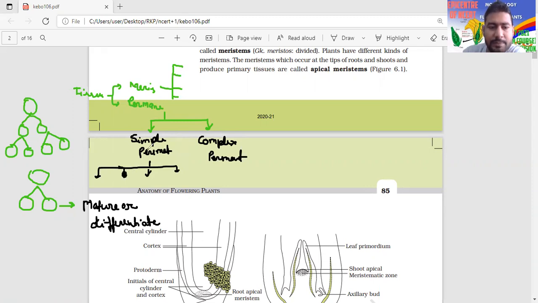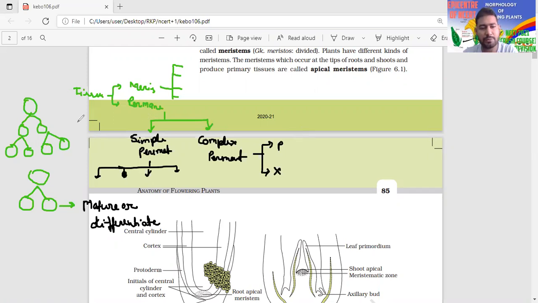You can write only three. Complex permanent tissue again has two different types. First is the xylem, second is the phloem. In this way the permanent tissue is classified into two types. First one is the simple permanent tissue.